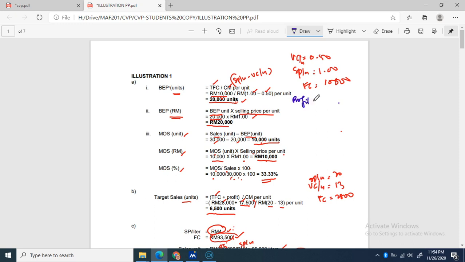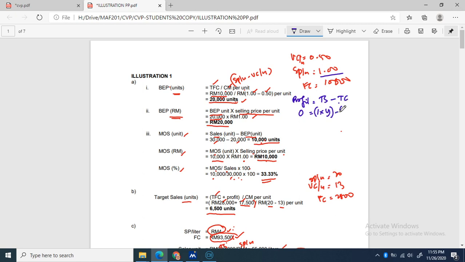Profit is equal to total sales minus total cost. So in this BEP, profit will be 0. How to get total sales? Total sales is selling price per unit, which is 1, we assume, times Y. Y is the number of units, which we do not know and want to find out.